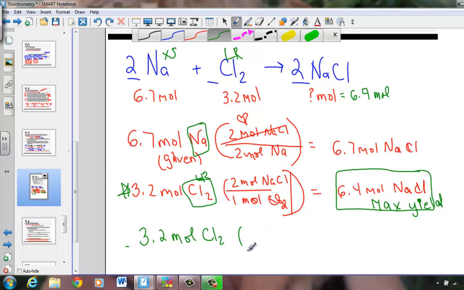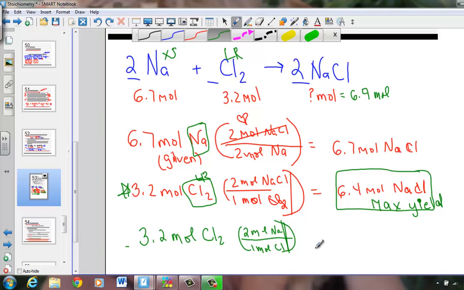Starting with the 3.2, we now see our want over given. We want to know the excess reagent from the limiting reagent. And so here I'm going to place the stoichiometric ratio of 2 moles of sodium for every 1 mole of chlorine. And these are nice, easy ratios, aren't they?